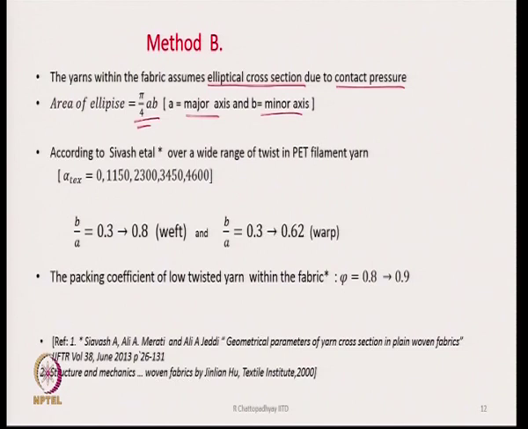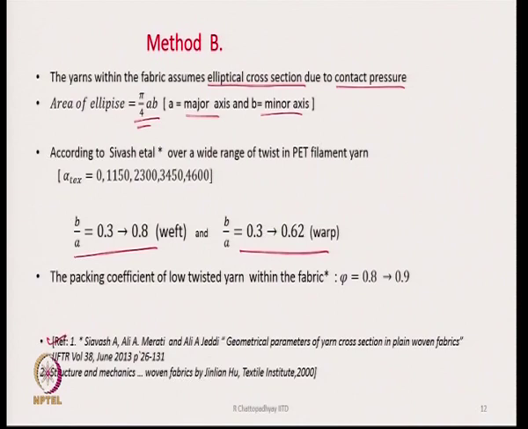Now, one important paper which I have found quotes this ellipticity, that is the B by A ratio, minor by major axis, to vary between 0.3 to 0.8 for weft yarns and 0.3 to 0.62 for warp yarn. This is available with this particular paper.